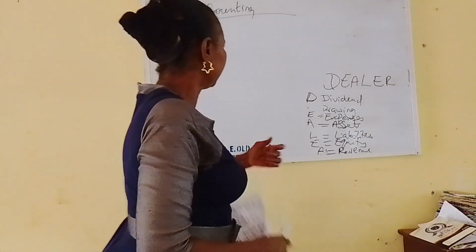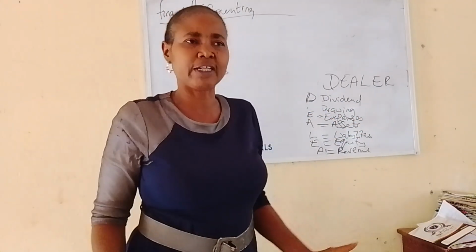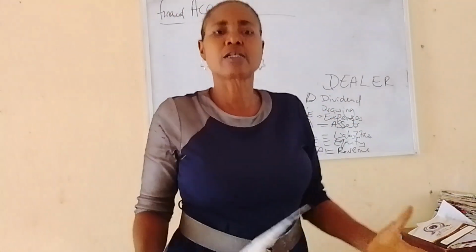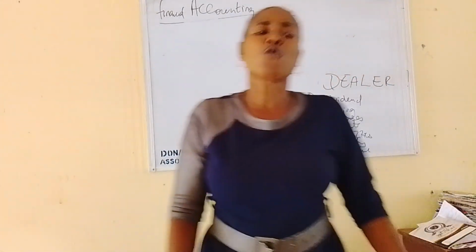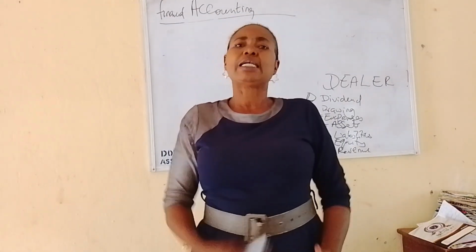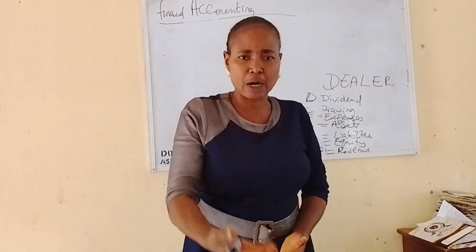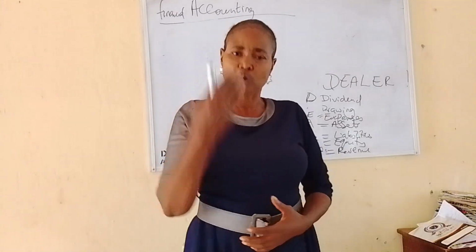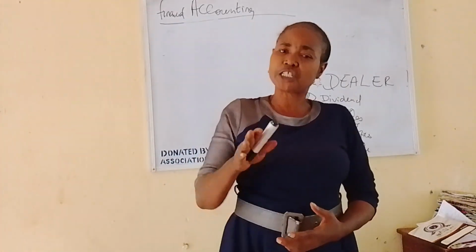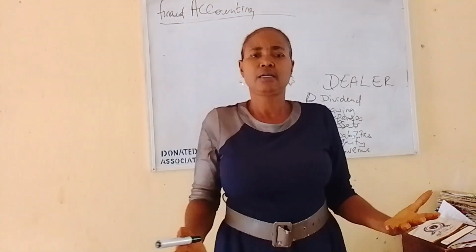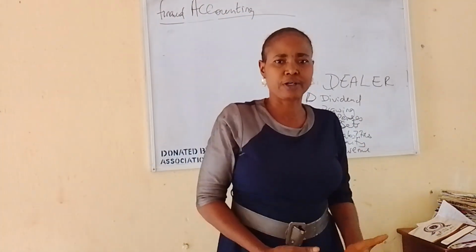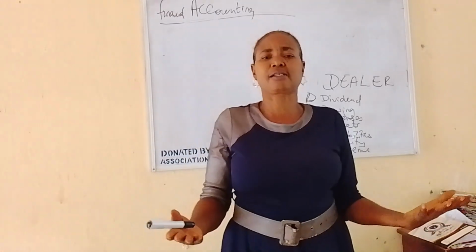Okay, D means dividend. What is dividend? Dividend is just a share of profits that a company pays out to its owners. Who are the owners of the company? They are the shareholders.